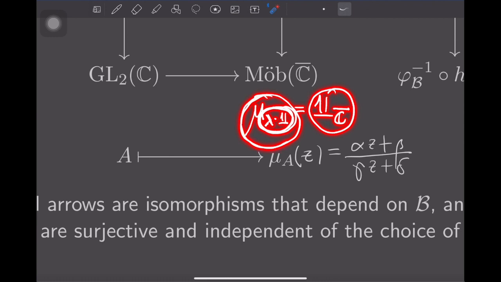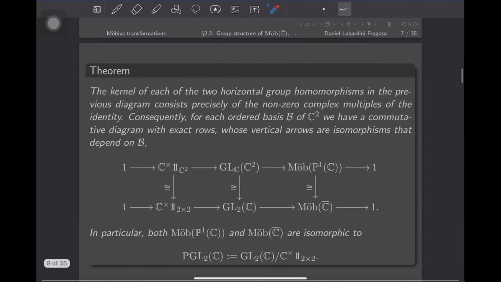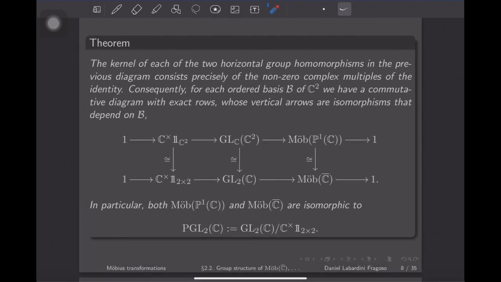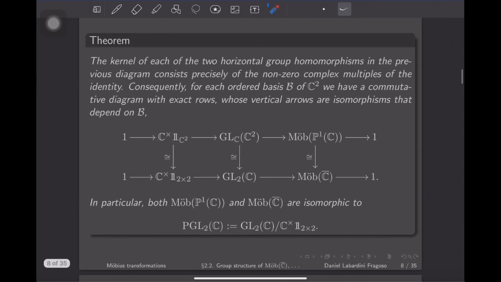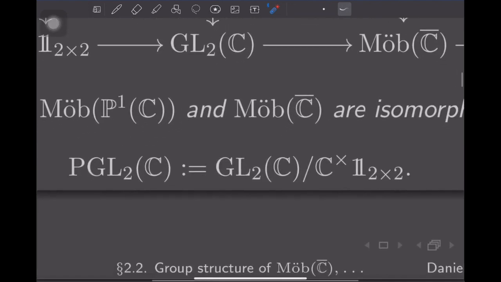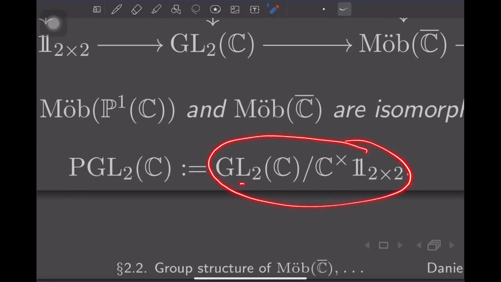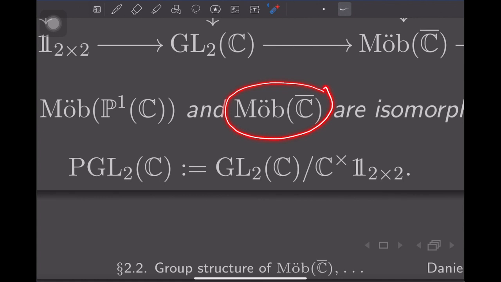And so we know some obvious elements of the kernel, and what the theorem says is that's the whole kernel. Somehow the obvious thing is already the whole kernel. And in particular, both this and this are isomorphic to this quotient of GL2C, which is very nice, because we obtain a very simple description up to isomorphism of my two groups.